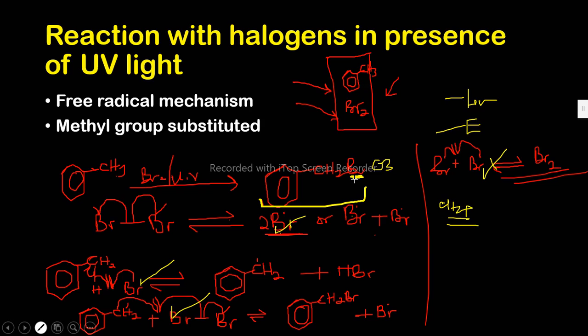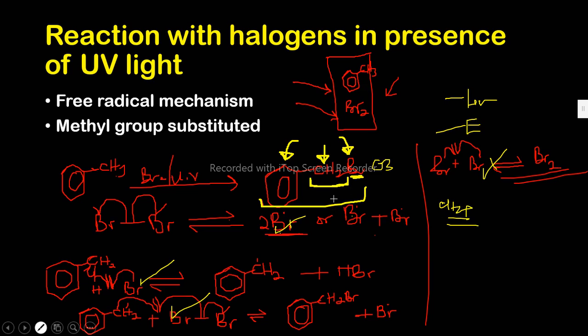So this one is going to be taken as the parent chain, and this one is going to be taken as a functional group, and this one is going to be taken as a group that is attached on the parent chain.